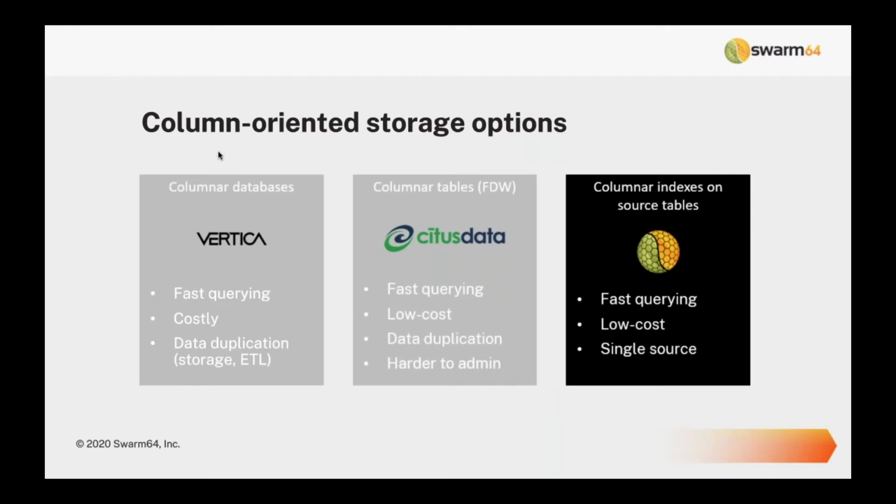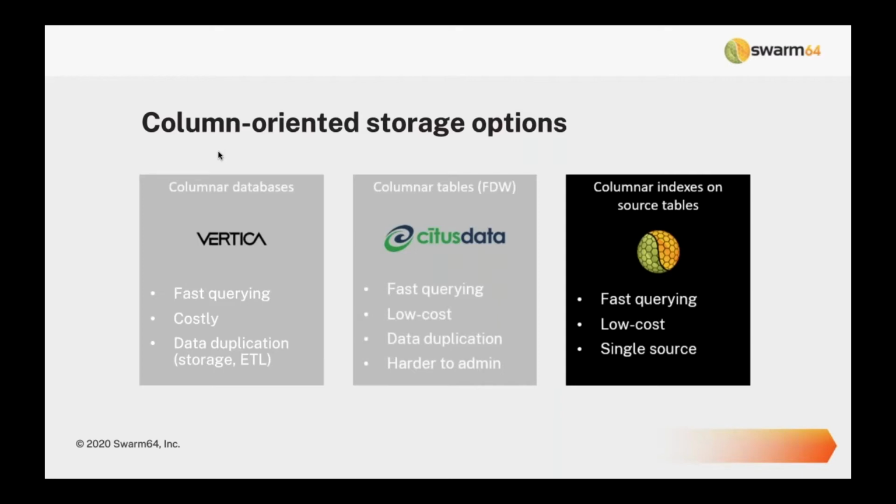Okay, the second option, instead of a columnar database, is to do columnar tables, right, using a special storage format. This is actually the way earlier versions of Swarm worked. Our columnar representation was stored in a foreign data table. It wasn't until about the middle of this year that we implemented that as a Columnstore index, which we'll explain in a minute.